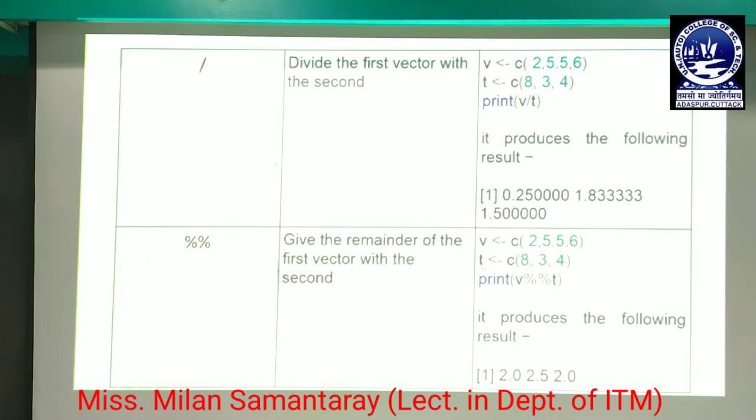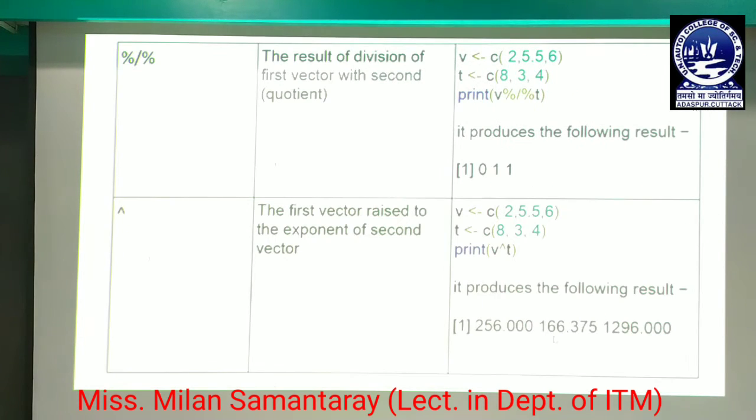So, v modulus t, that means 2 modulus 8, it will display 2.0, okay, and then 5.5 modulus 3, the remainder is 2.5, and then 6 modulus 4, that means 4 once is 4, then the remainder is 2. So, it gives the result 2.0.